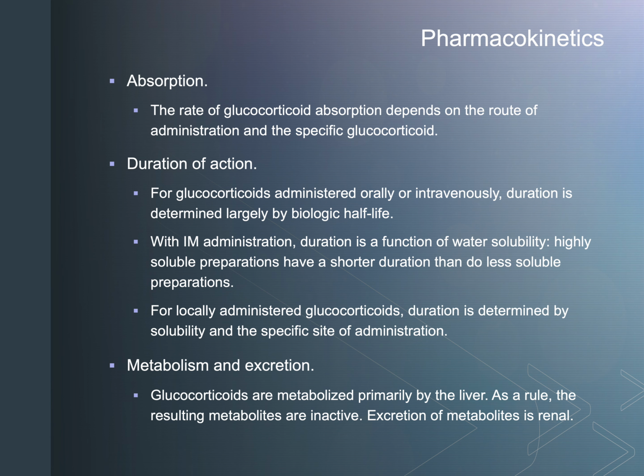We're moving on to pharmacokinetics now, talking about the absorption, which really depends on the route of administration. And you're going to see in a further slide the different types of administrative routes. And absorption is going to depend on whether it was oral or an IM injection. Absorption of glucocorticoids that are through PO or oral administration is very rapid and complete.